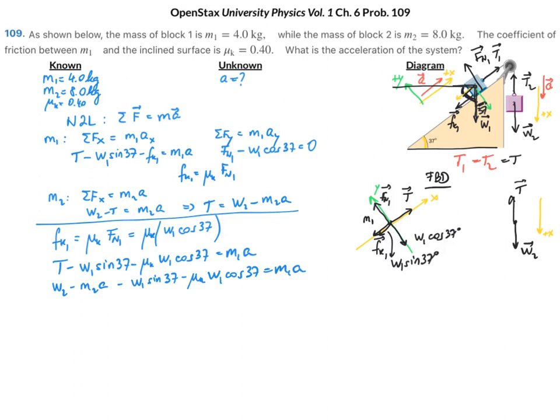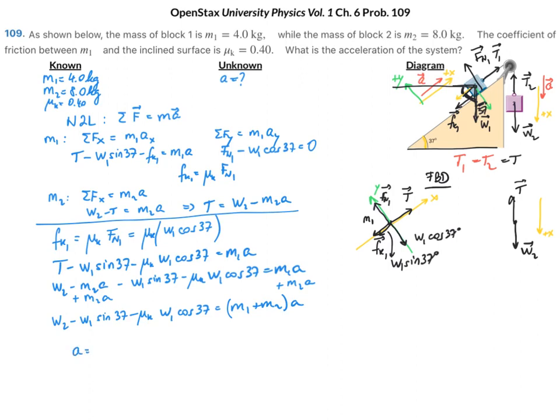So how about I add m2a to both sides, and I'm going to factor out the a, and end up with W2 minus W1 sine 37 minus mu k W1 cosine 37 equals m1 plus m2 times a.